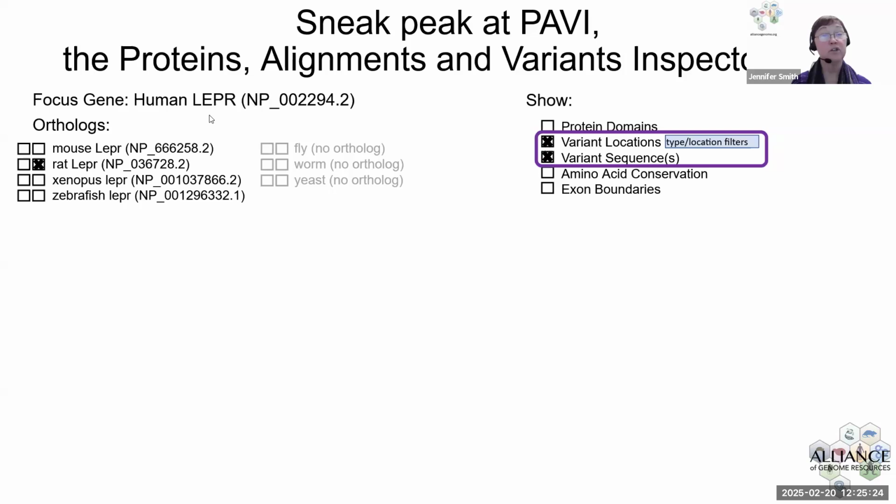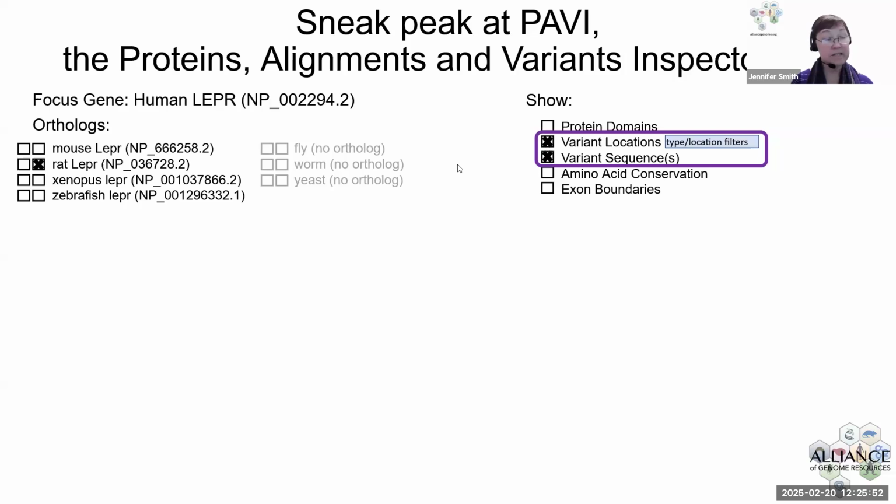So here I've chosen human LEPR, and then choose orthologs in any or all of the Alliance species. So here I'm saying I want to see the human gene and the rat LEPR gene, and be able to see the variants actually embedded in the proteins with the proteins aligned.